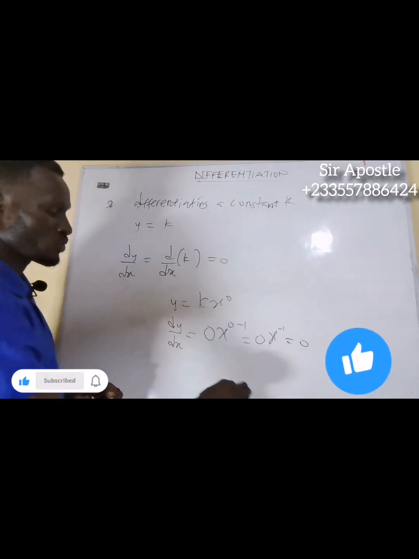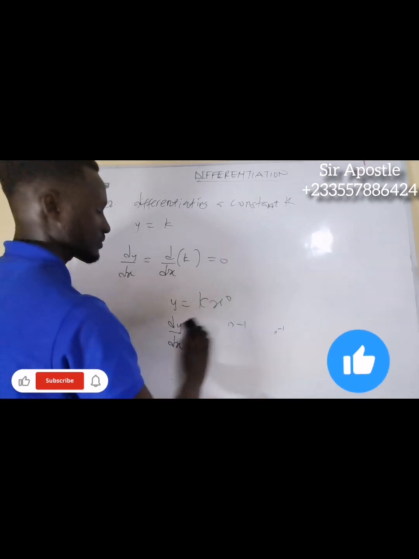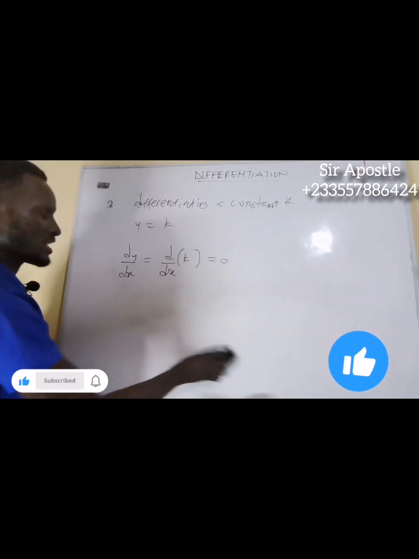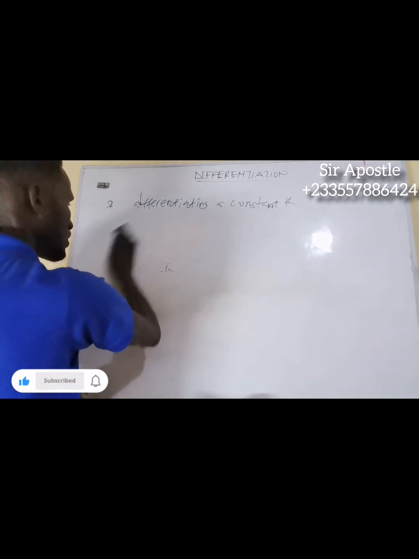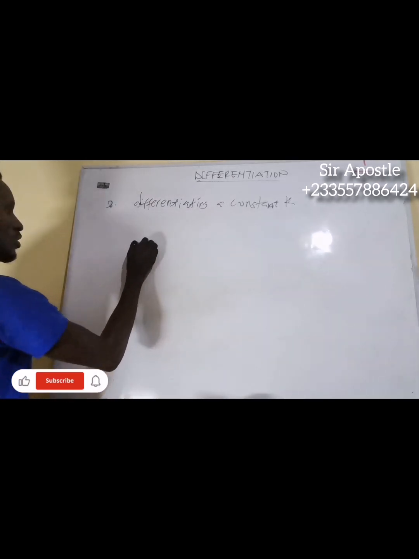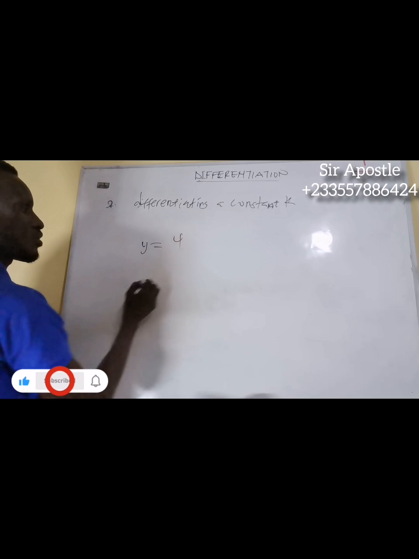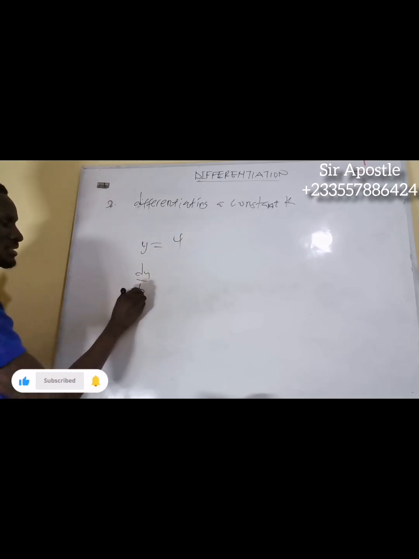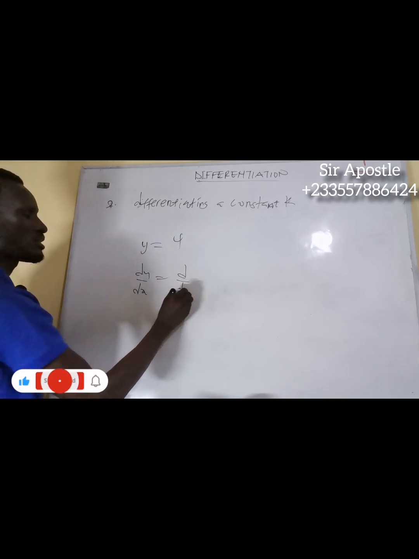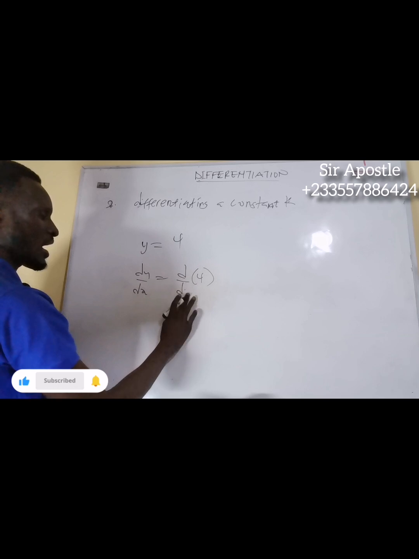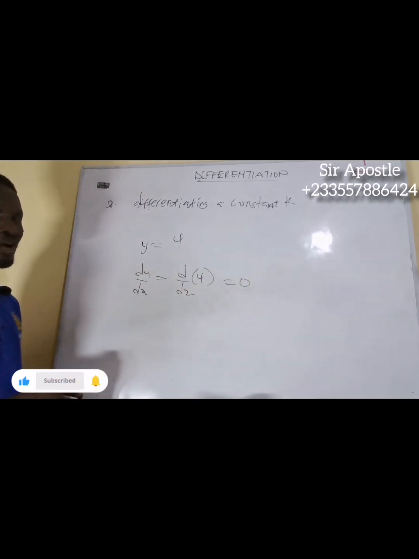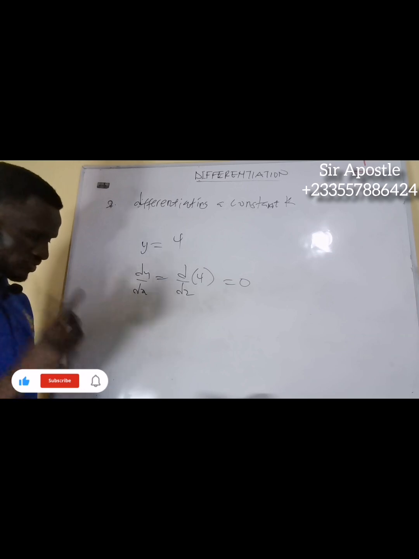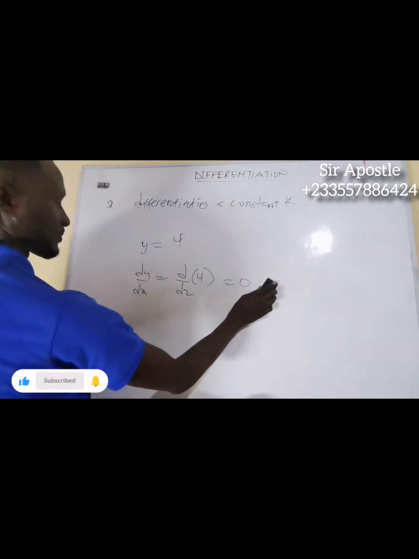When we are solving and we see constants in the question, anytime we differentiate a constant, it will give us 0. For example, if y is equal to 4, then dy/dx, differentiating the 4, I'm going to get 0 because 4 is a constant. Don't forget, 4 is a constant.